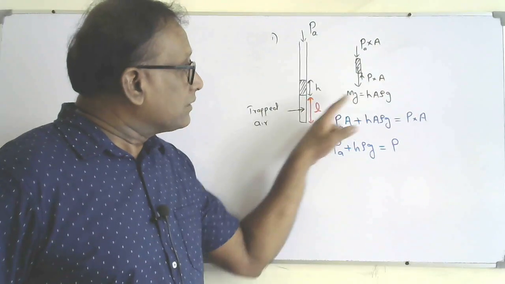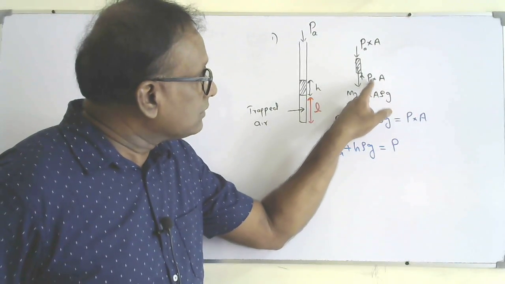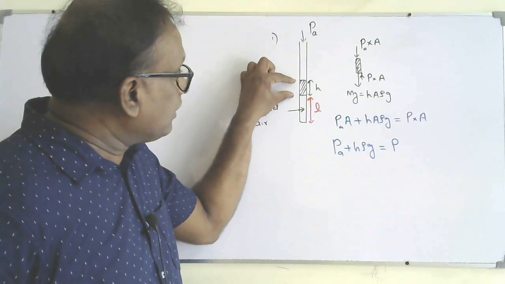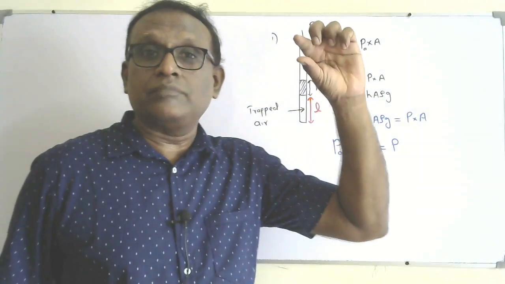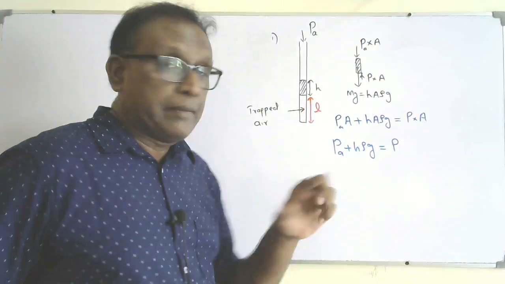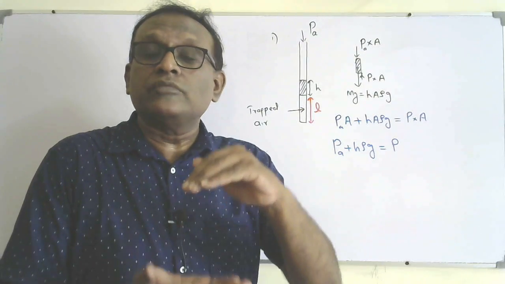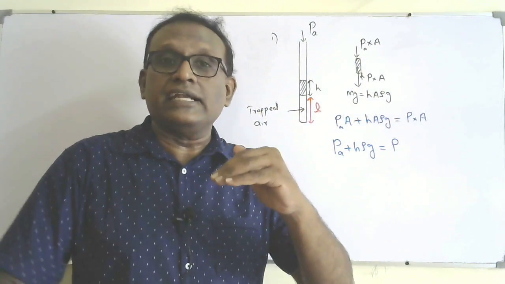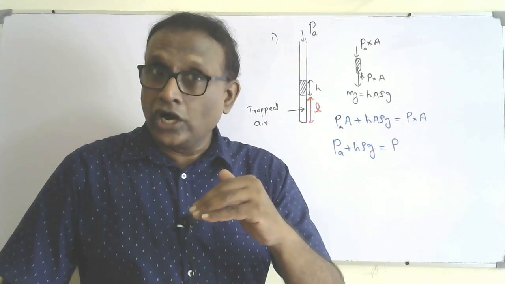This force will become larger, while the PA and the weight will remain constant, so the liquid column will move up. When it moves up, the length of the trapped air column will increase, that is, the volume of the trapped air column will increase. When the volume increases, the rate of collision will decrease, because the air particles have to travel a longer distance.